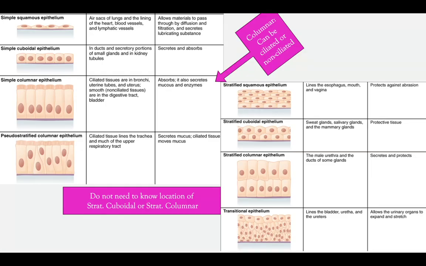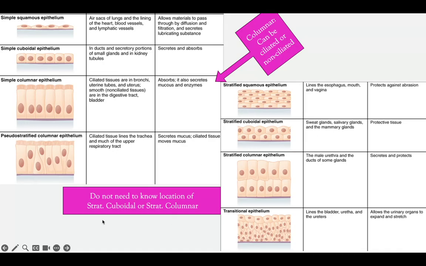Stratified squamous can be broken down into categories called keratinized or non-keratinized. We'll talk about that in a moment. So there are actually two different types of stratified squamous epithelial, but depending on the type, you'll see this tissue lining the esophagus, the mouth, the vagina, or the very top of the skin. It's also going to function in protecting against abrasion.